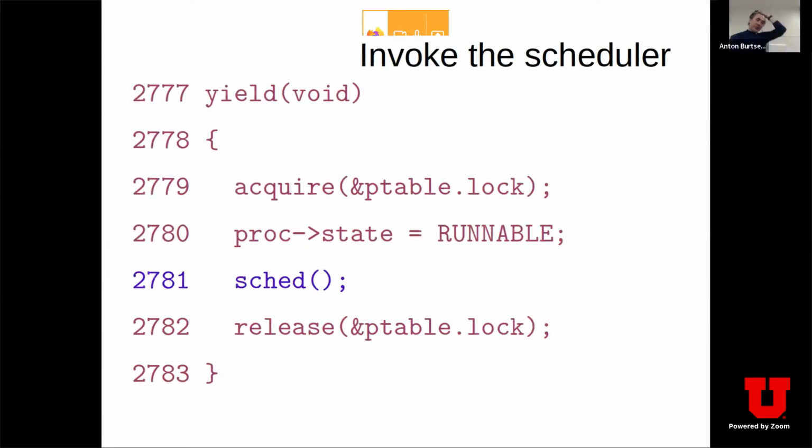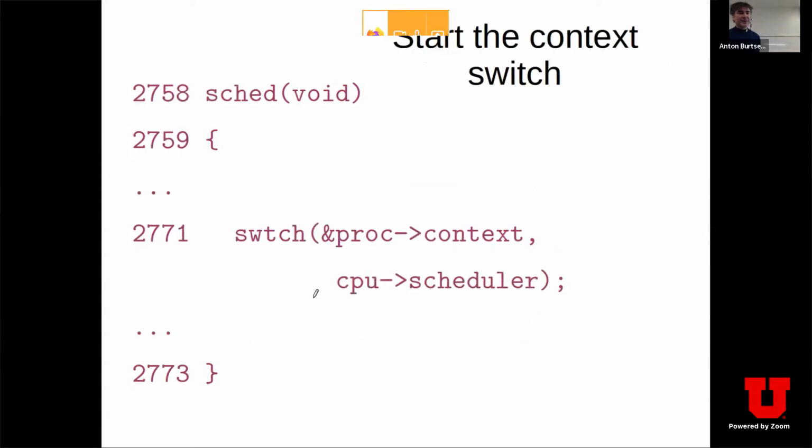Okay, and then it invokes this funky function which is called sched. And what happens here is this function itself invokes a magical function which is called switch. Switch is a function which is implemented in assembly, and conceptually takes two arguments. One argument describes where you're switching from, and the other one describes where you're switching to, right?